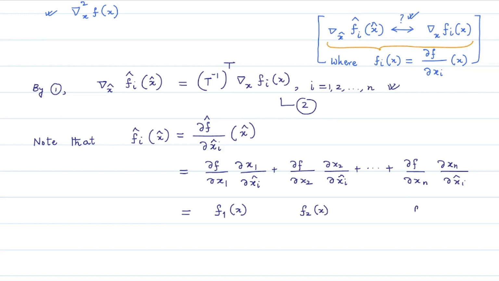This by the denotation is fn(x). So we ultimately get this expression as f1(x) times a1i plus f2(x) times a2i plus so on till fn(x) times ani. Please sit with a pen and paper and then cross verify. Otherwise, you will not be able to grasp the relationships and all these chain rules.